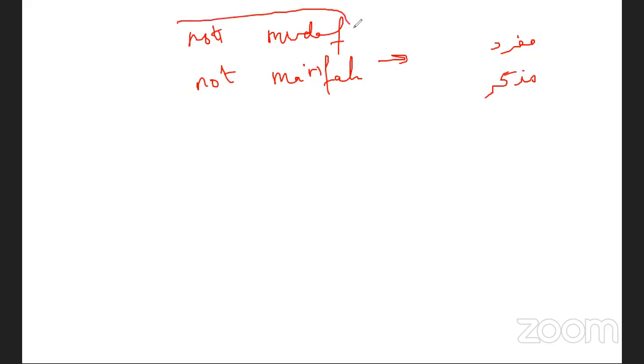When ism tafdil is not mudaf and not ma'rifah, then it is going to be mufrad and it's going to be mudhakkar.